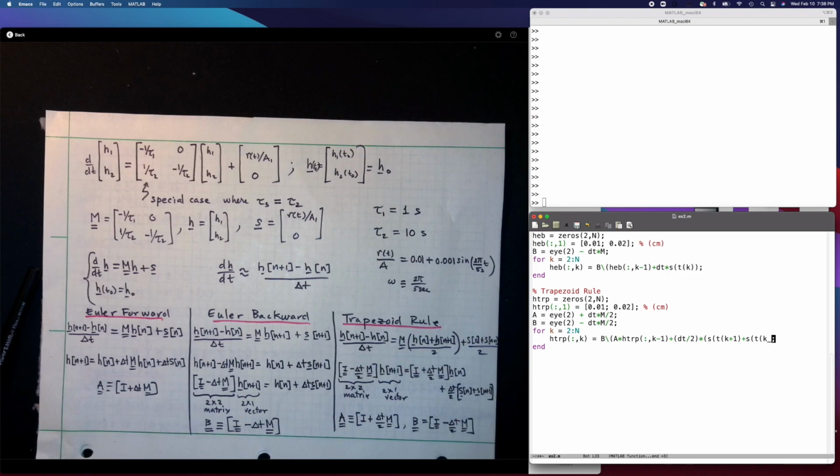So did I get this all right? Let's see. Hold on. Too many parentheses. S at t at k. Close the first parenthesis plus s, close the second, like that.